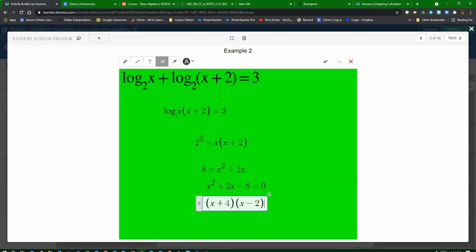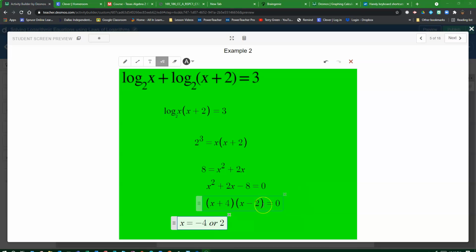Again, we did factoring in algebra 1, and of course this has got to be equal to 0. If x plus 4 is equal to 0, then x is equal to negative 4, or x should be either negative 4 or 2.